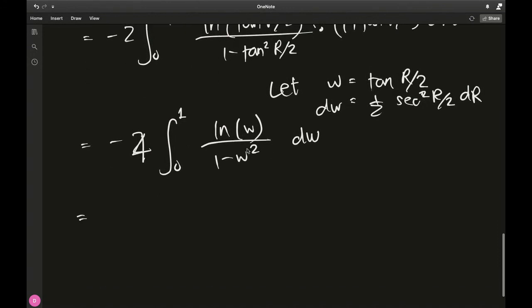So now noticing the limits of integration, 0 to 1, we can actually use the infinite geometric series, because we have 1 over 1 minus polynomial.